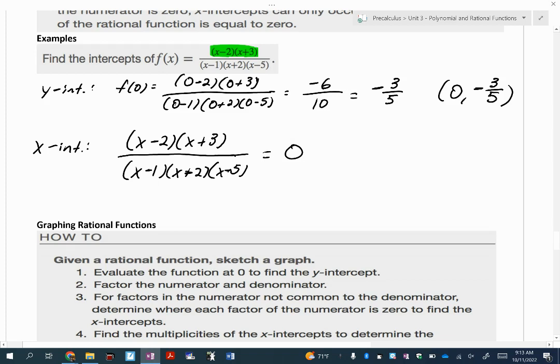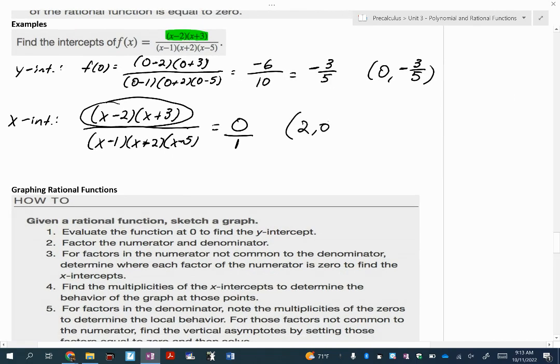And then if you set it equal to 0, if you think of this as equal to 0 over 1, if you use cross products like a proportion, your entire denominator is going to multiply by 0. So really what ends up happening is that your numerator ends up being equal to 0. So whatever is going to make this become 0 gives you your x-intercept.